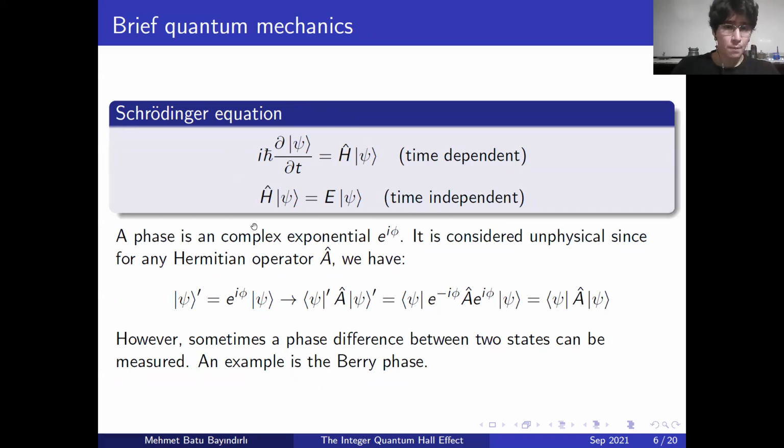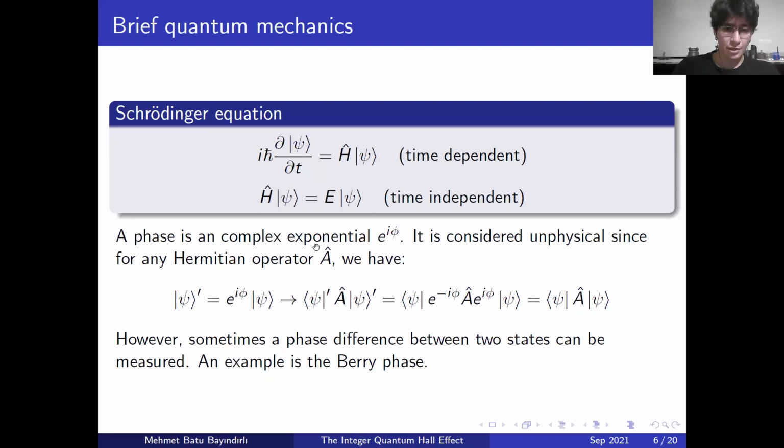And we also define a concept called a phase. It's a property of the wave function, let's say this state vector. We call it the wave function, and the phase of a wave function, which is this complex exponential, has no effect on the measurement.